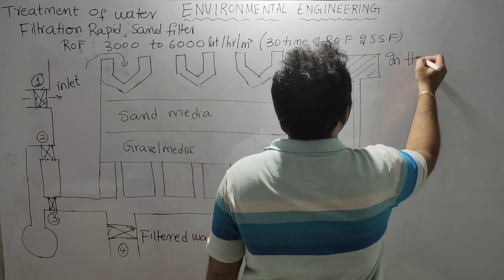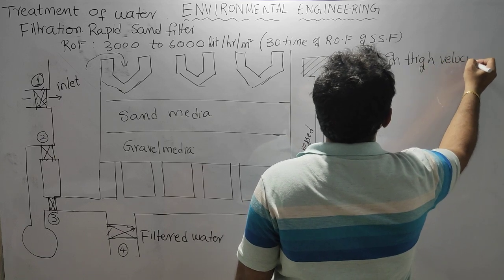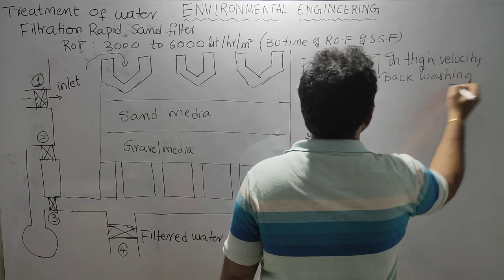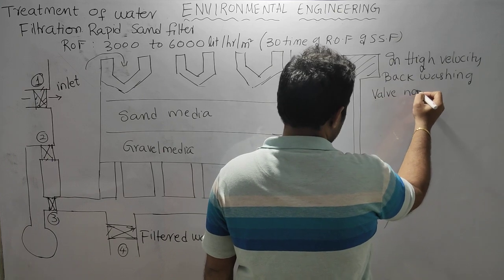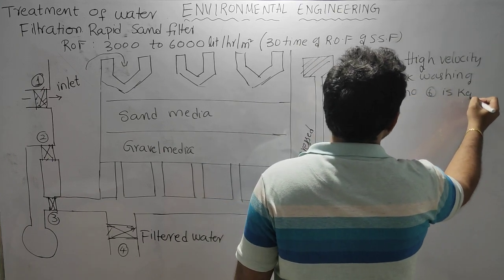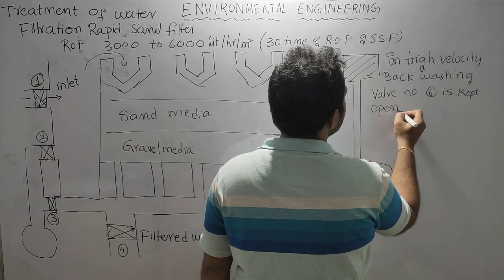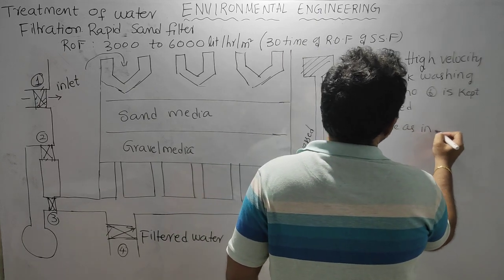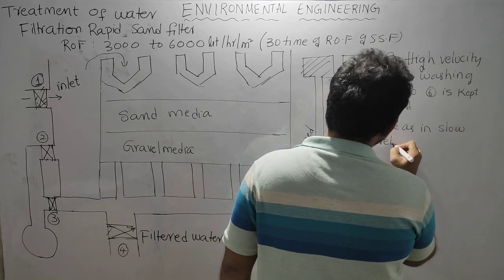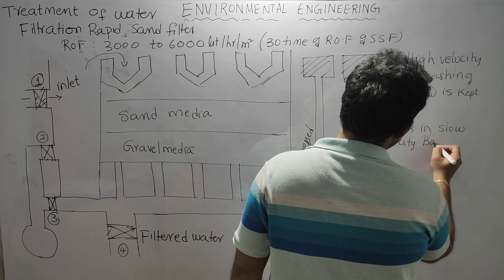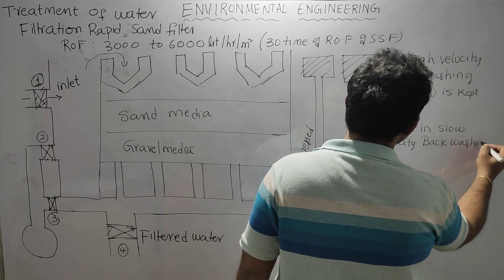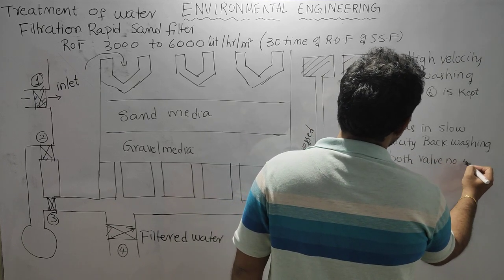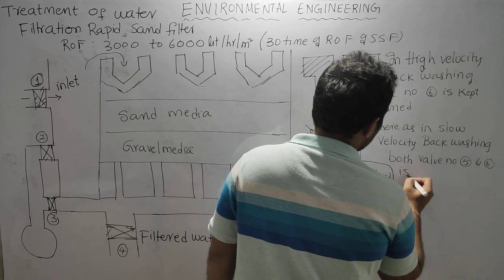In high velocity backwashing, valve number 6 is kept open, whereas in slow velocity backwashing, both valve number 5 and 6 are kept open.